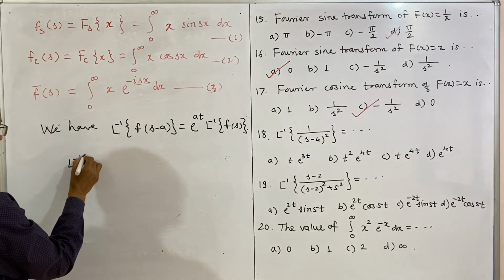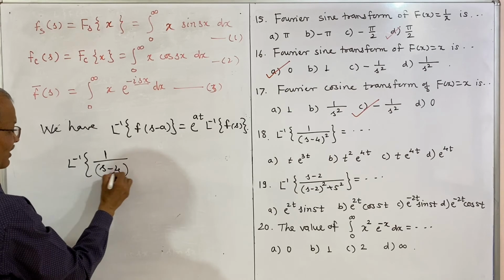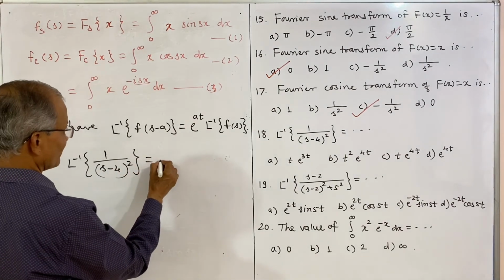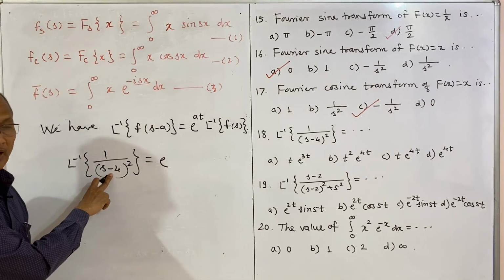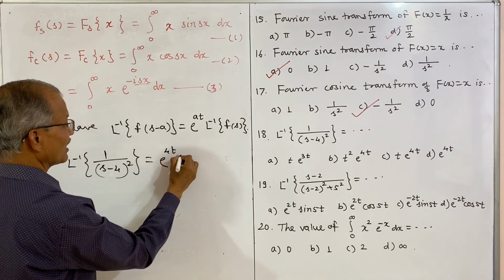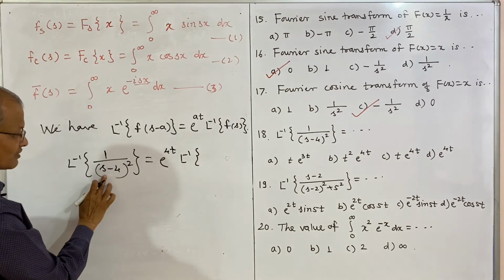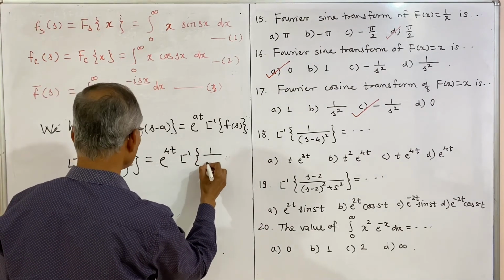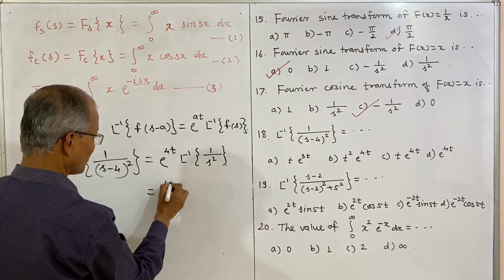Therefore L inverse of 1 upon (s minus 4) square will be e to the power, what is the value of a? This is a function of s minus 4, and therefore a is 4, so e to the power 4t, and s minus 4 is replaced by s, giving L inverse of 1 upon s square.